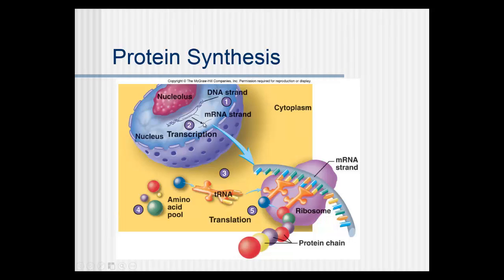And again, that occurs by base pairing. Then the messenger RNA travels out to the cytoplasm, binds with the ribosome, and transfer RNA molecules by base pairing connect to the messenger RNA strand, bringing amino acids and binding amino acids in the process.